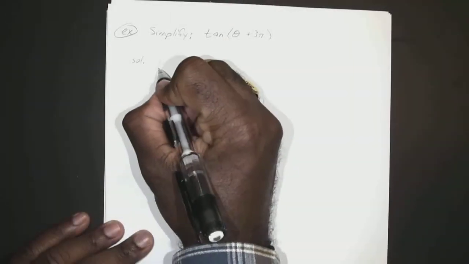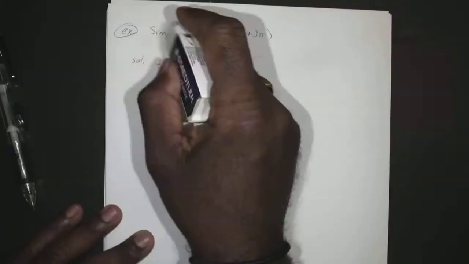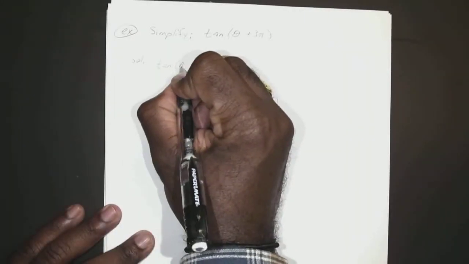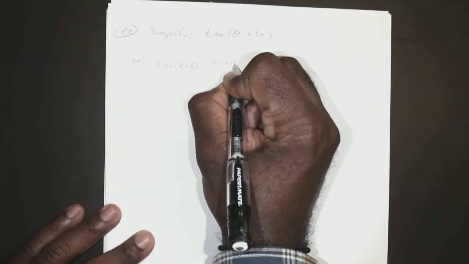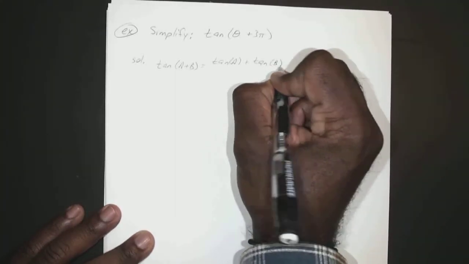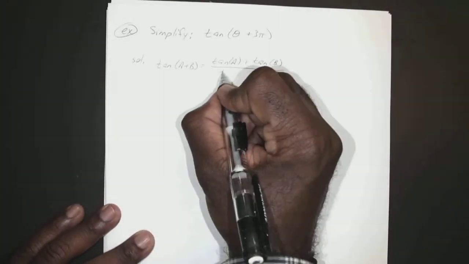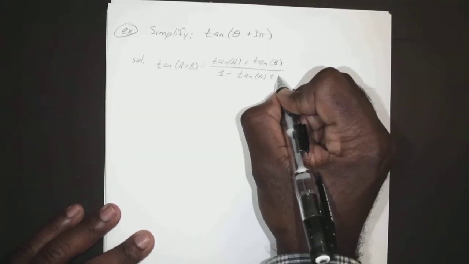Okay, so we know that our tangent of a plus b equals tangent of a plus tangent of b divided by 1 minus tangent of a times tangent of b.